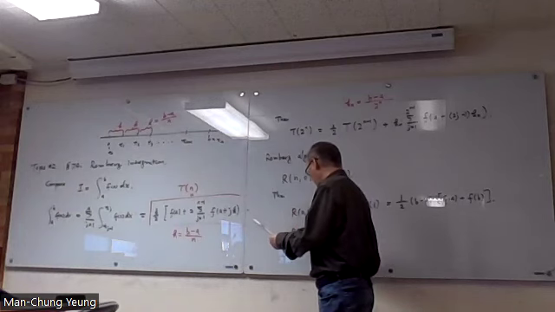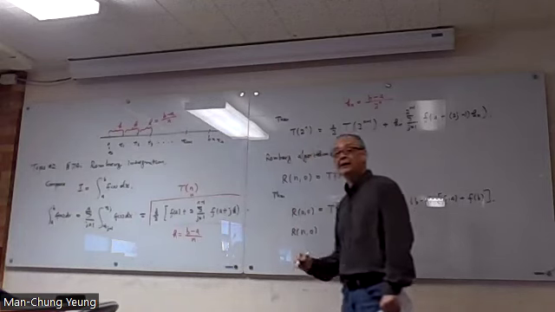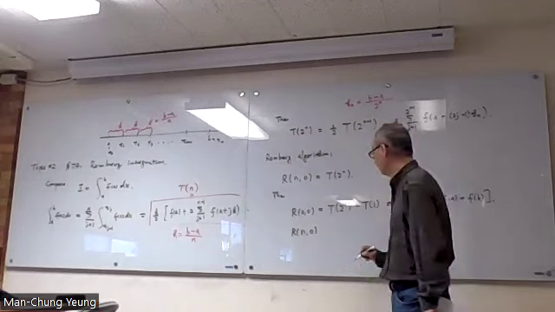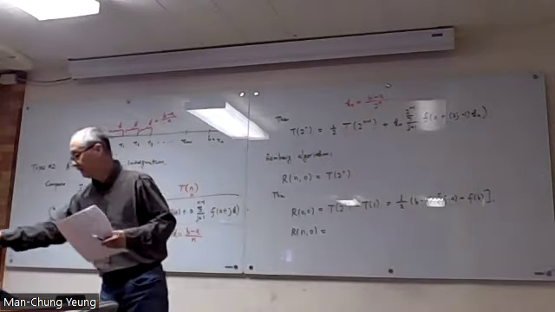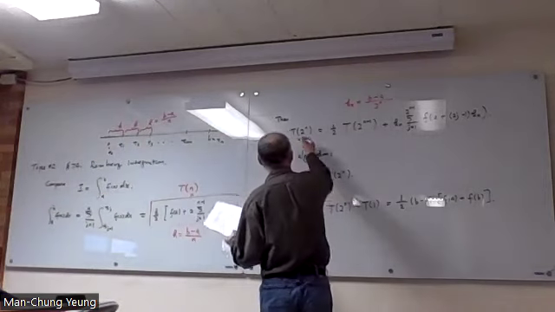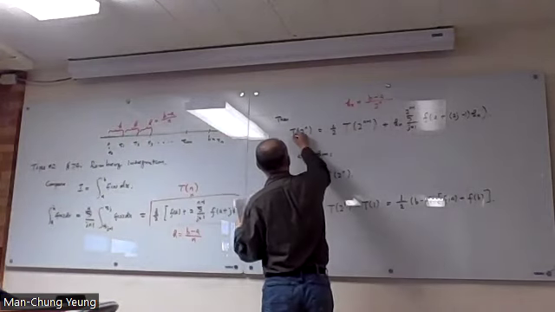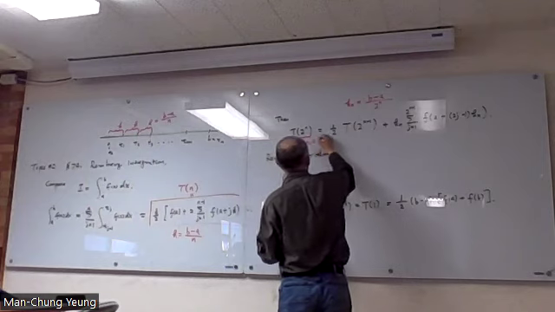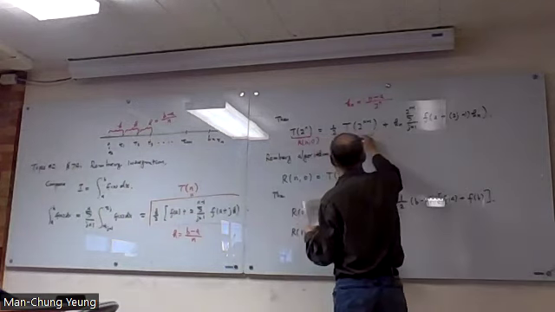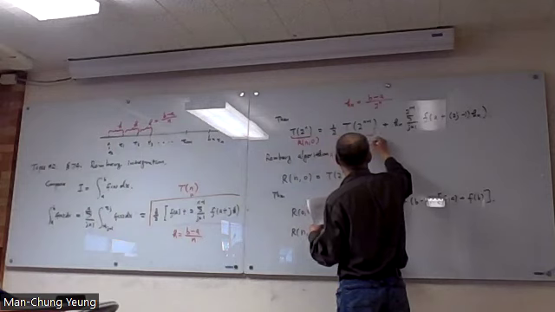Now R n, 0 for n greater than 0. Now the formula here. This is R n, 0. How about this? This is R n minus 1, 0.